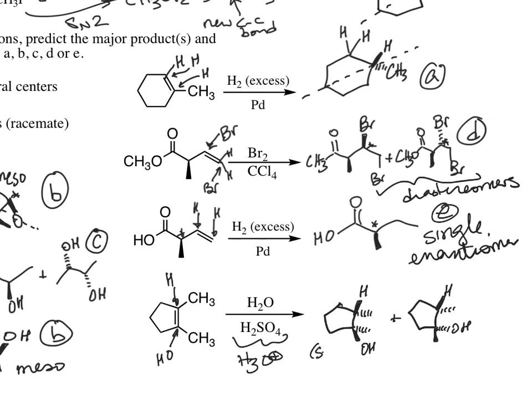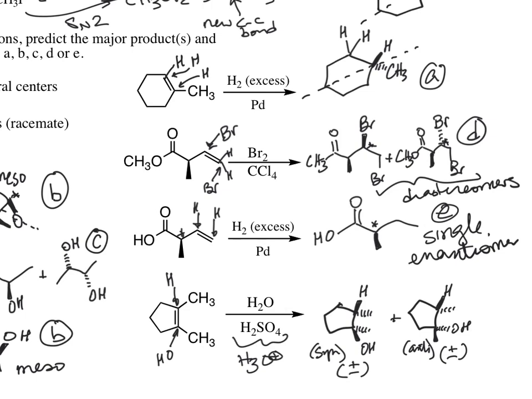So we could get both syn addition and anti-addition. And of course, both of these would be formed with both enantiomers. So again, whoever we're showing as a wedge can also be the dash, and vice versa. So we get a mixture of stereochemistries here totally.